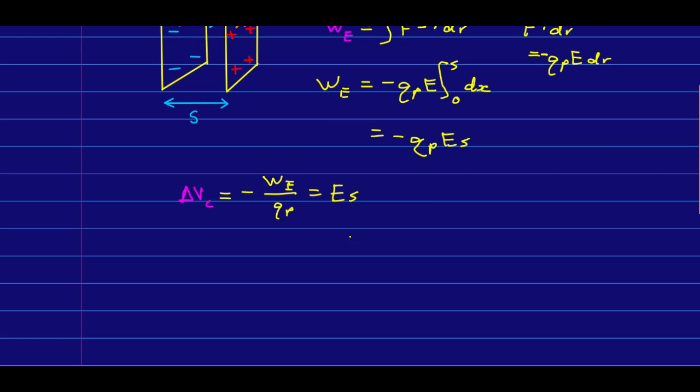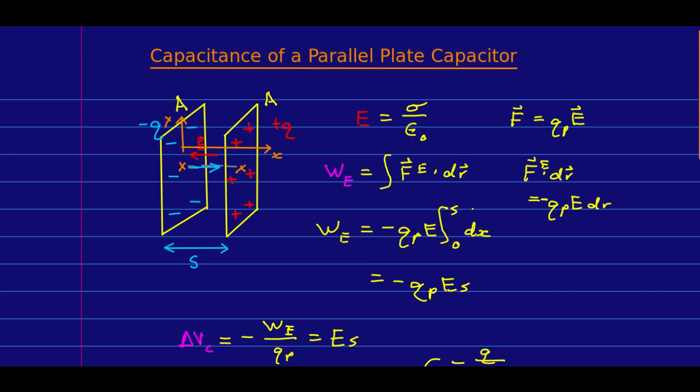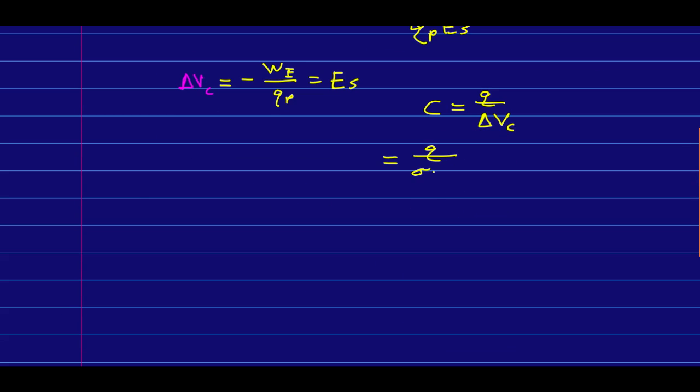And so finally, we can simply say that the capacitance is the charge on the plates divided by the potential difference. And so that is the charge over ES, but I know that E is sigma over epsilon naught.